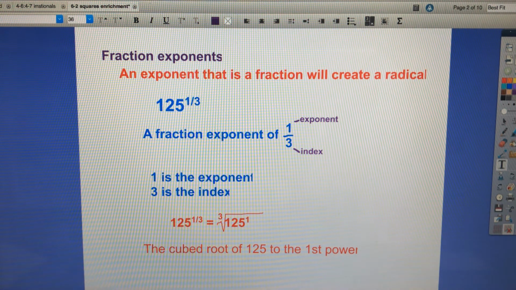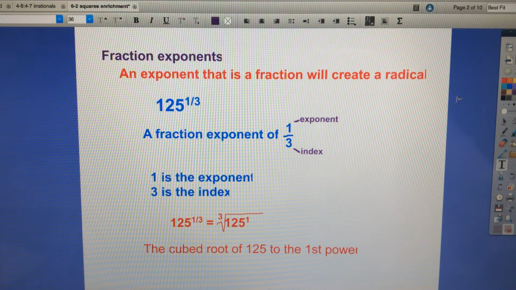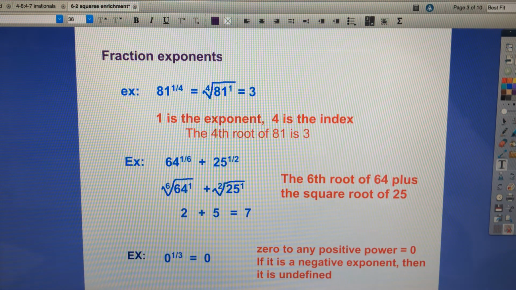So 125 to the 1/3 power becomes the cubed root of 125 to the 1st power. The numerator is your exponent inside the radical. Your denominator is your index. It's real important to remember which is which.